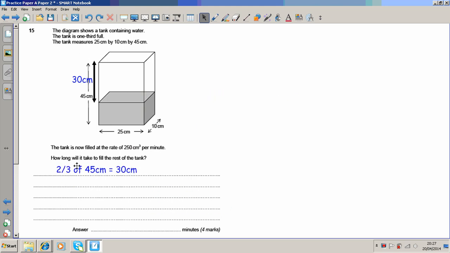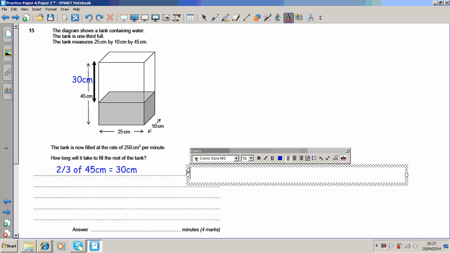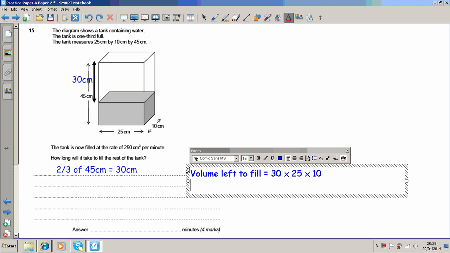Okay, so now the volume left to fill is equal to the height, 30, times the base, 25, times the depth, 10. So 30 times 25 times 10 is going to be 7,500 centimetres cubed.